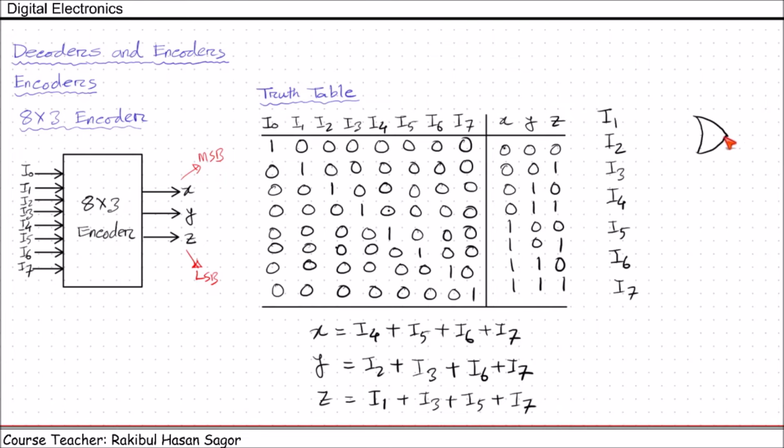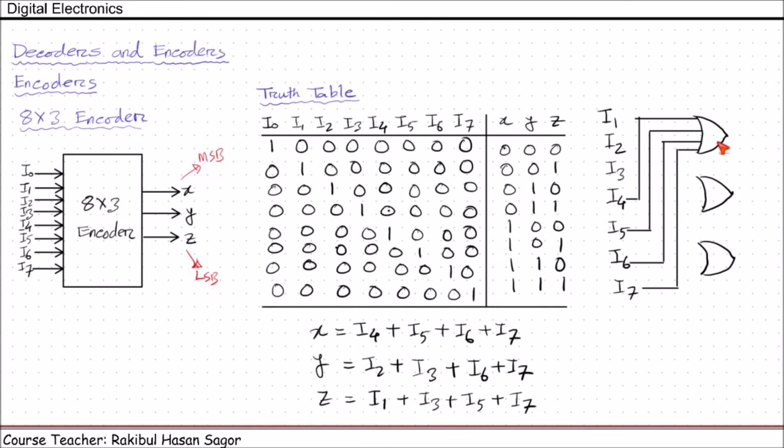This is the first OR gate, the second OR gate, and this is the third OR gate. First OR gate will be fed by I4, I5, I6, I7. This will give us X.